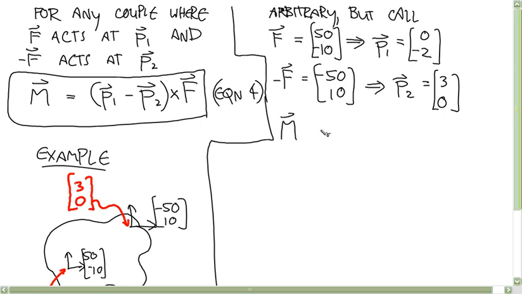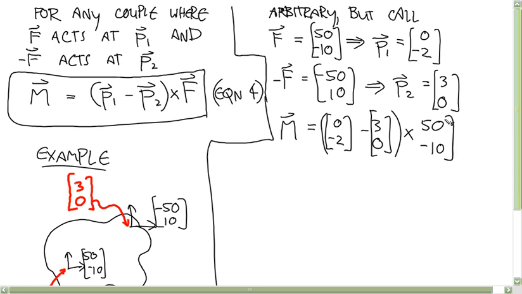So the moment produced by this couple is P1 minus P2, 0, negative 2, minus 3, 0, crossed with 50, negative 10.